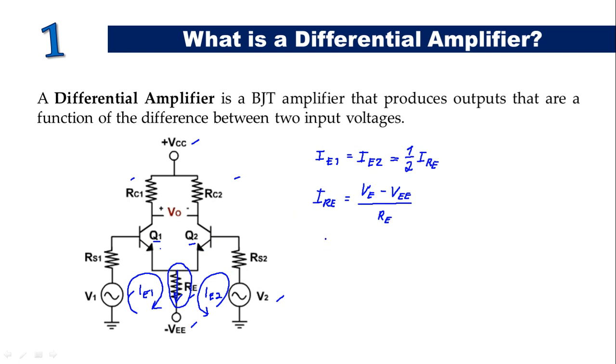So, we are going to approximate that yung ating I sub C1 is approximately equal yan sa I sub C2. And dahil equal naman ang IC sa I sub E, we can say that the I sub C1 is approximately equal to I sub C2, and it is also equal dun sa current natin sa R sub E divided by 2. So, yung ating I sub C din dito, na dumadaan dyan, equal din yan dito.